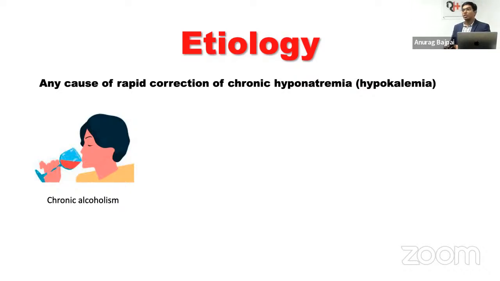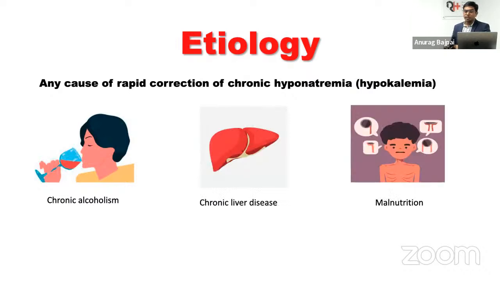If we compare adult and adolescent age, then chronic alcoholism, chronic liver disease, and malnutrition were the biggest factors reported to date. So in our patient, there was malnutrition and hypokalemia, which triggered ODS.